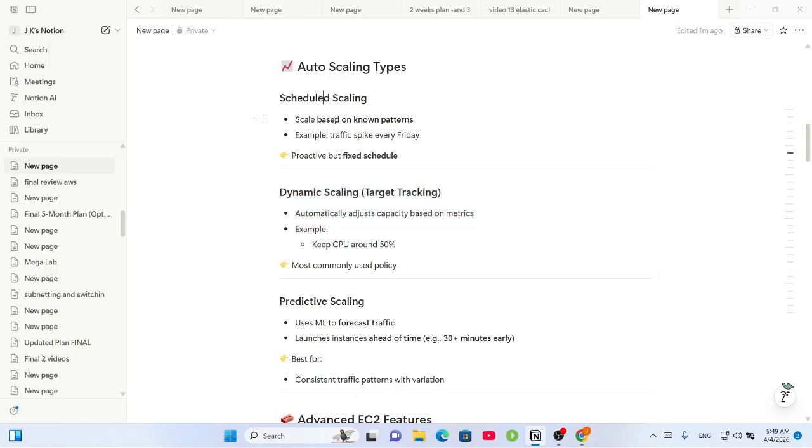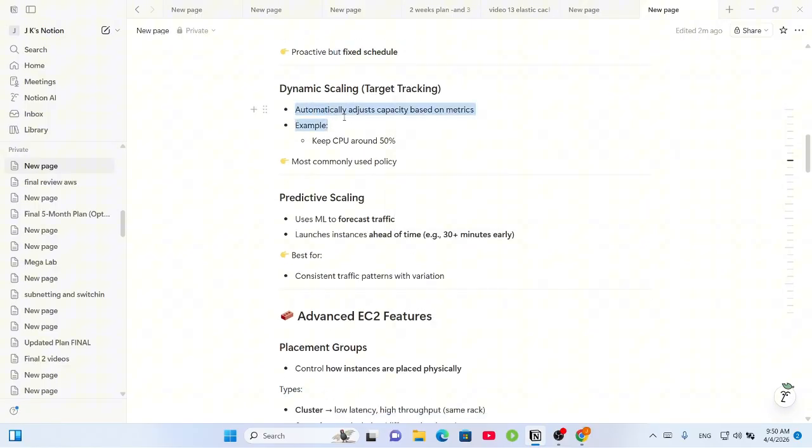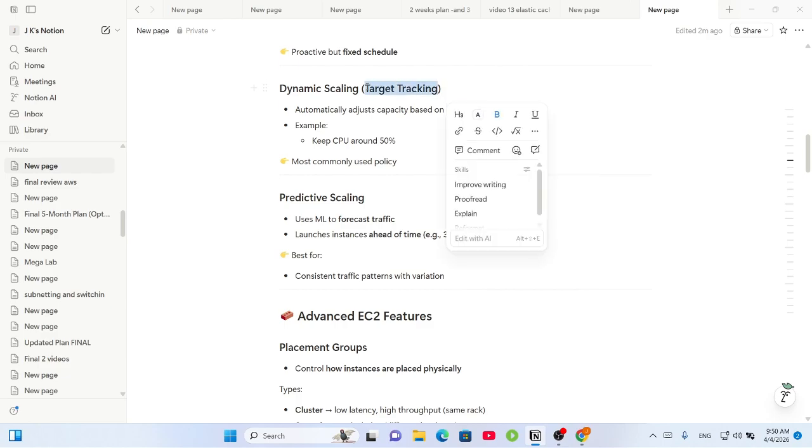We said scheduled scaling is scale based on known patterns. If we already know that every Friday we're going to have a traffic spike, then we can make a fixed schedule to scale every Friday, right? And with dynamic scaling, it automatically adjusts capacity based on specific metrics we set. Target tracking, I think we've talked about this one. For example, we can say keep CPU around 50%.